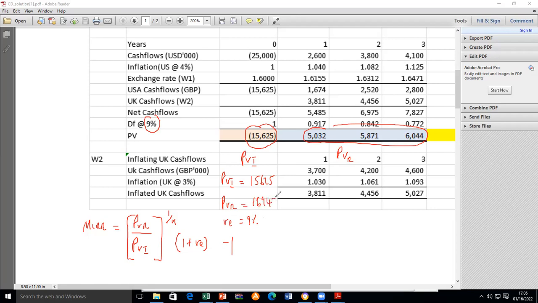What of the n? N is the time frame for a project, which is 3. So then you go, people, 16,947 over 15,625, to the power 1/3. Then you multiply by 1 plus 9%. Then you're going to subtract 1 and you multiply that by your 100.